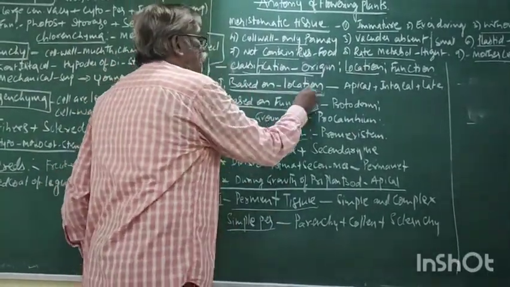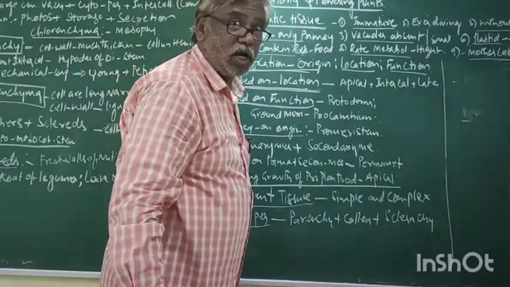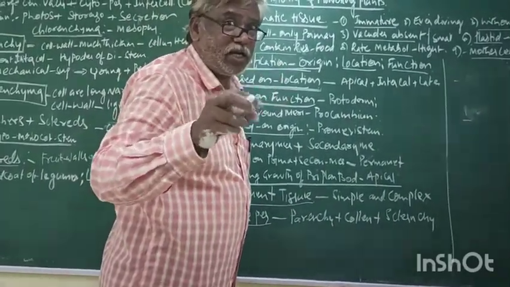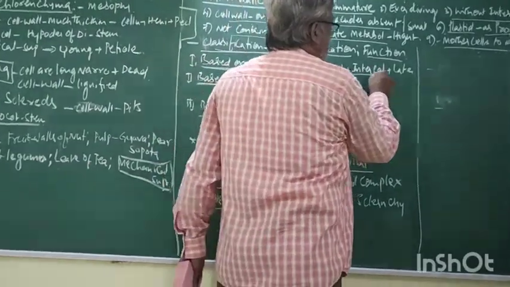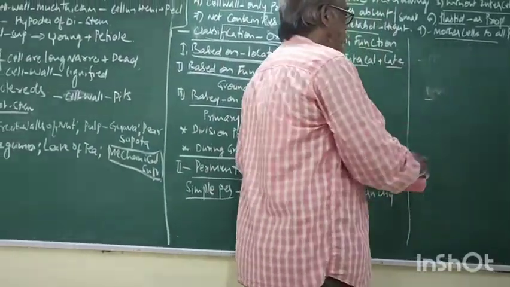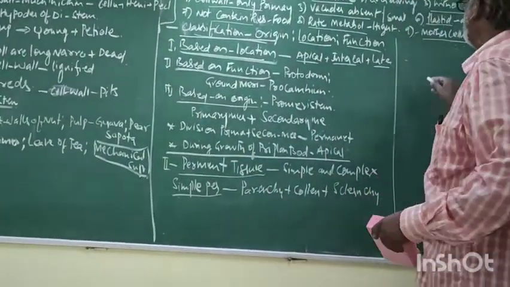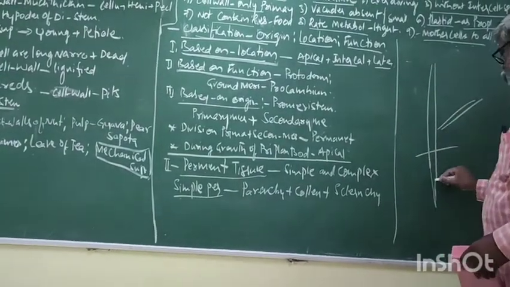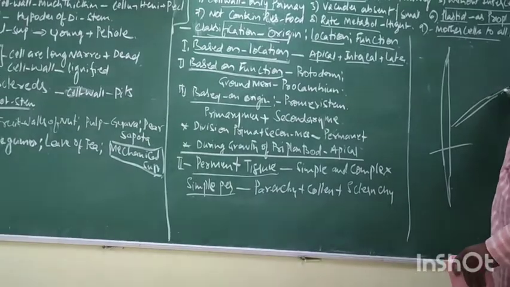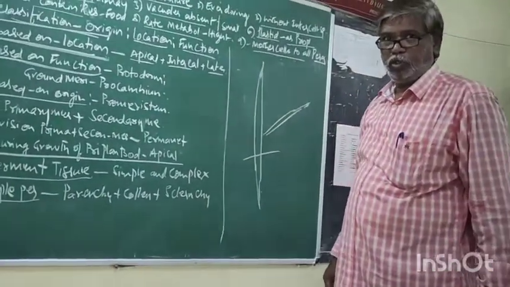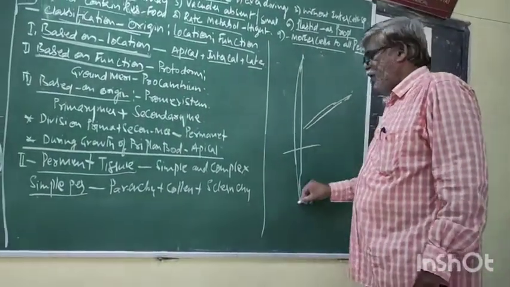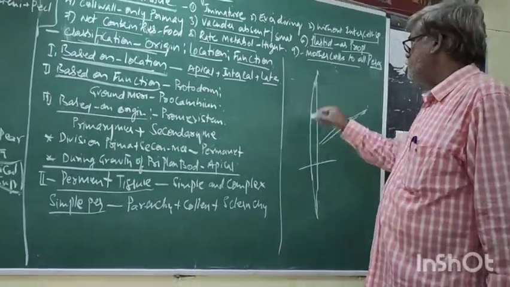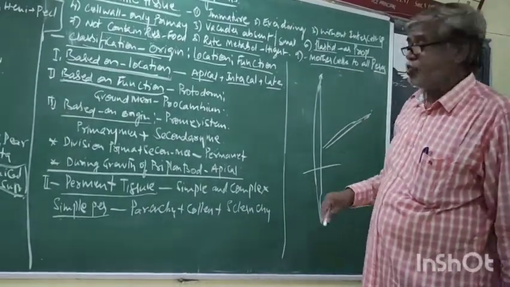Now, based on location, where it is located: apical meristem, intercalary meristem, lateral meristem. Suppose you take one angiosperm branch. It has the root tip, the stem tip, the branch tip. Good. All tips of plants have meristematic tissue.